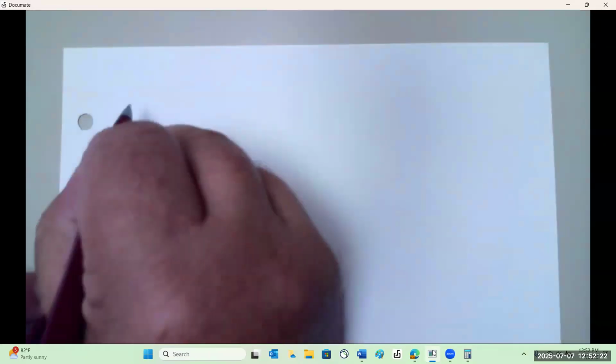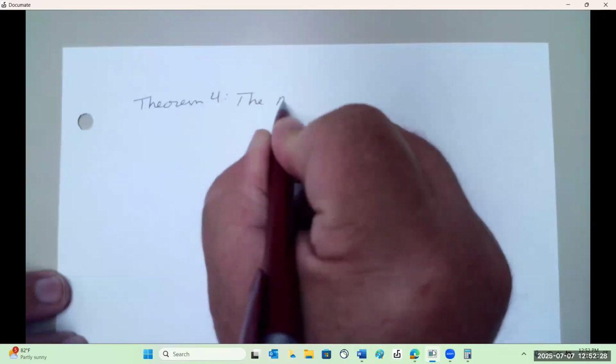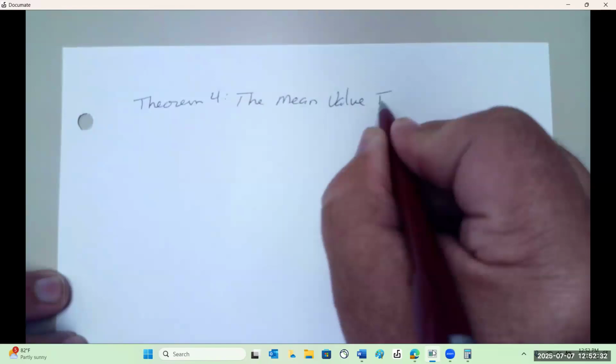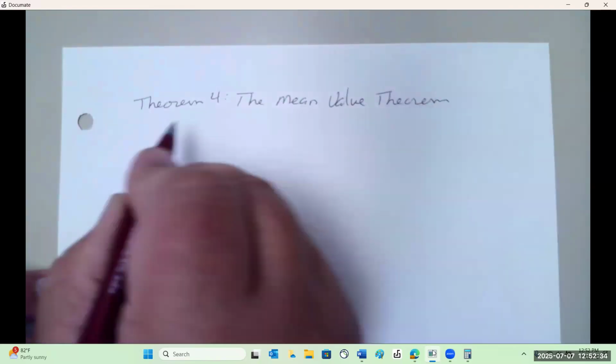So here's the theorem. The mean value theorem.